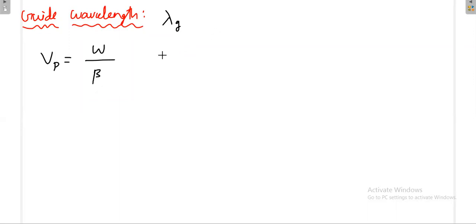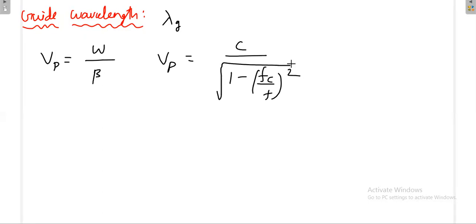The phase velocity can also be written like this: C divided by the square root of 1 minus (fc divided by f) whole squared. Lambda is always C divided by f, but here I am calculating the guide wavelength. Guide, not group.